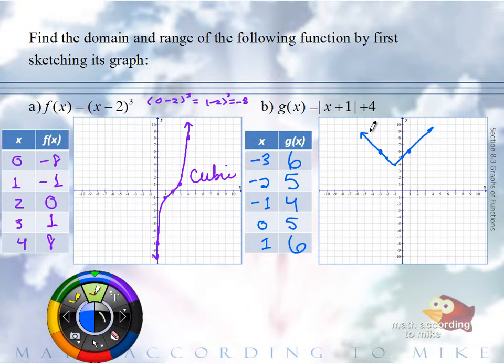There you go. What I want you to do is for each one, please find the domain and the range based on the graph. Again, do not ignore the arrowheads, and let me know if you have questions.